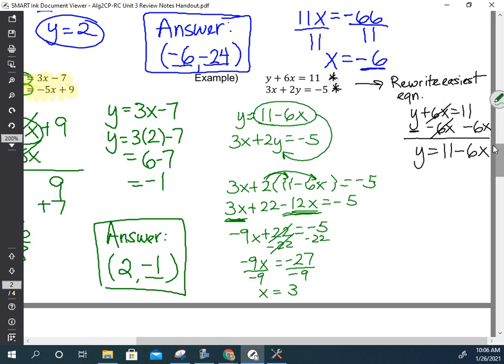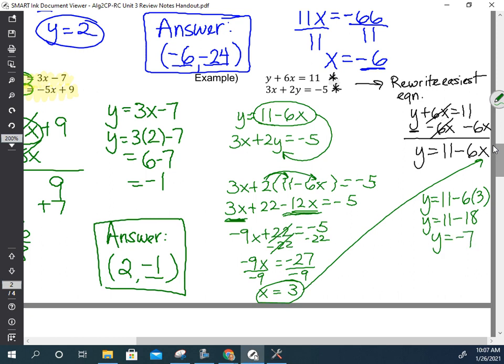Let's finish it off. We know x. What do we do to get y? Plug the 3 back in. 11 minus 6 times 3. 11 minus 18, negative 7.